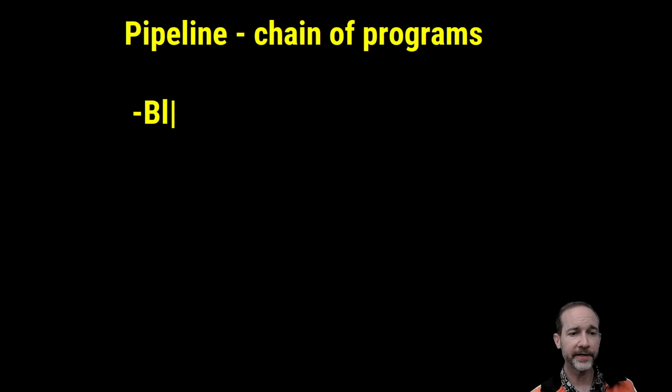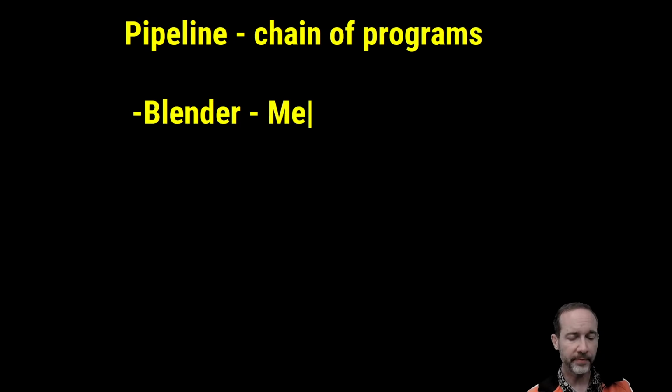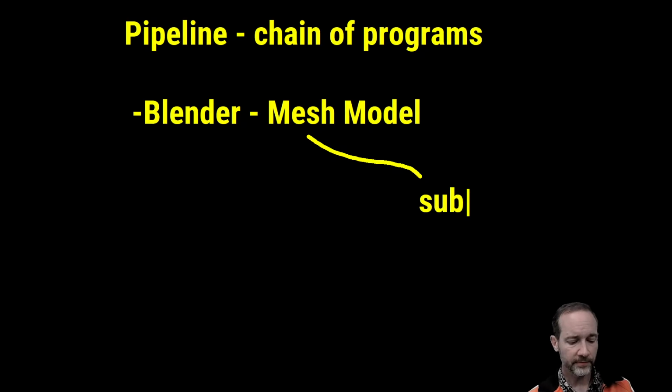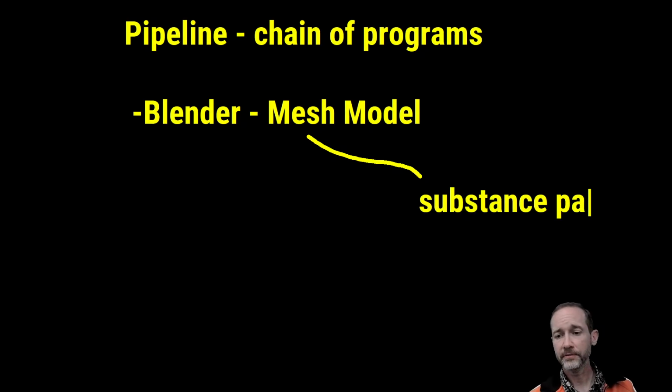And so in Blender here, we'll be primarily concerned with making the actual mesh models of things that are in 3D. Sometimes those can come out and be painted in Substance Painter. We'll probably use that over the course of the semester.